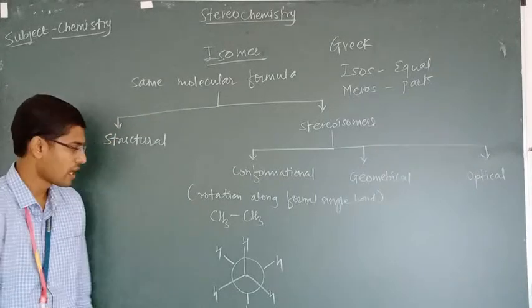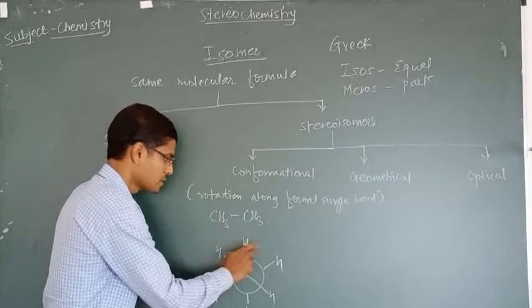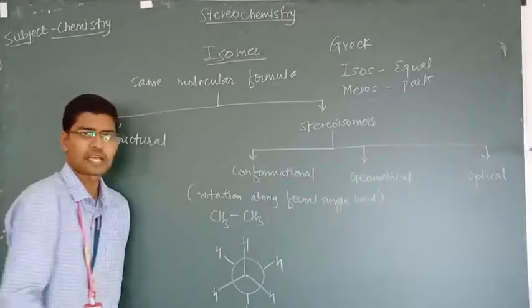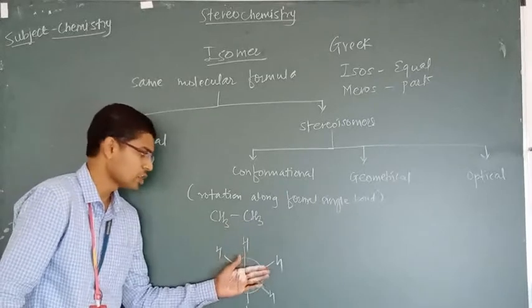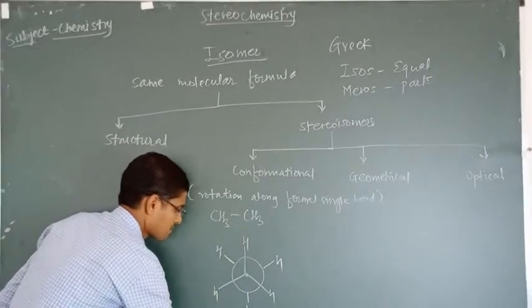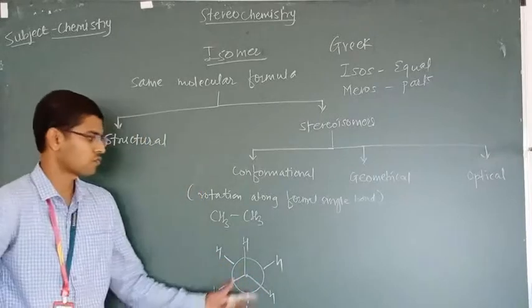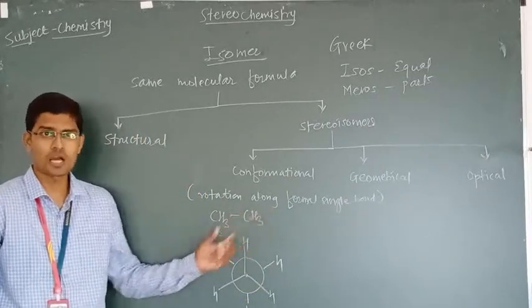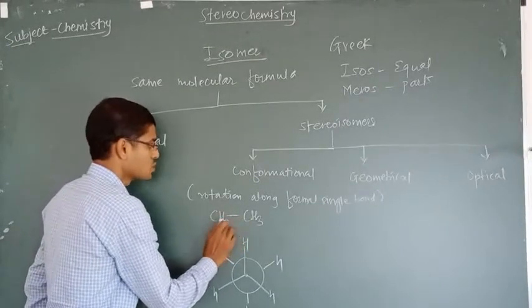I have maintained the maximum distance between all these hydrogens attached to the frontal carbon and the rear carbon. This is the Newman projection formula for ethane.